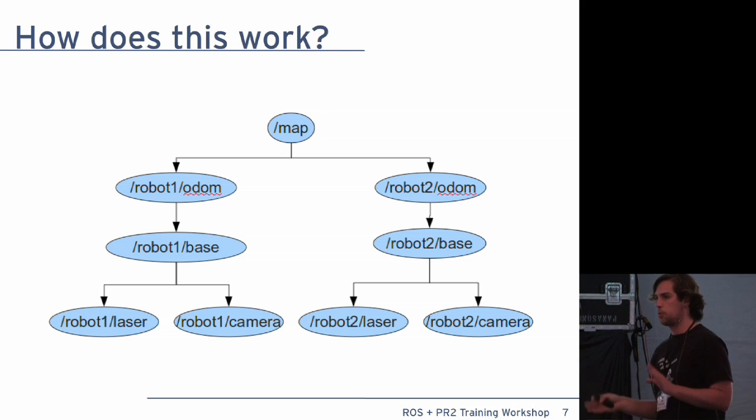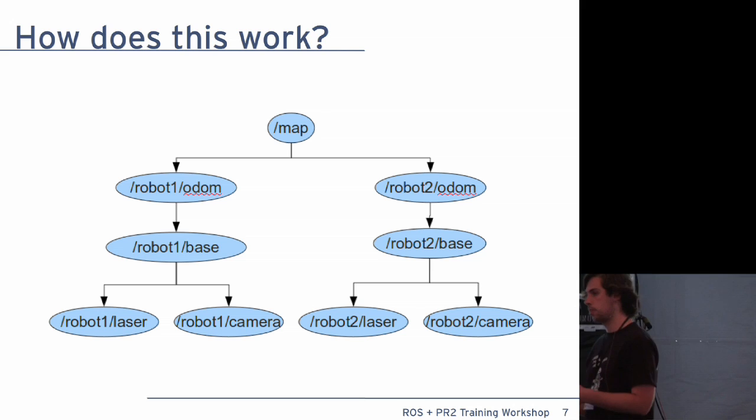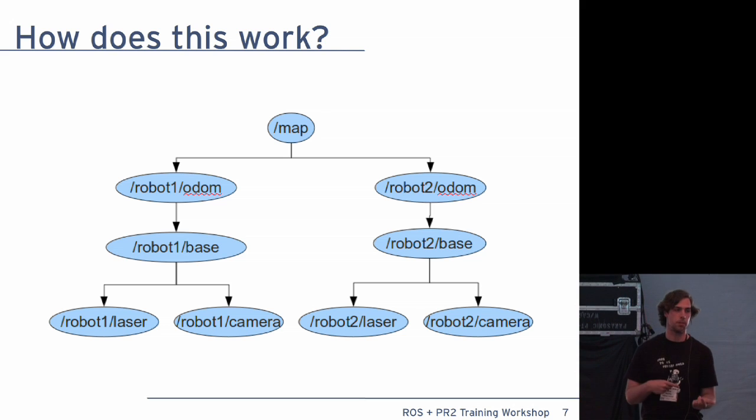Be careful with forward transforms and inverse transforms. Depending on how you view it, the transform from a frame to another frame is the inverse of the transform, vice versa. If you're talking about applying the transform to data, it's one way. And if you're talking about transforming the coordinate frames, it's the opposite.